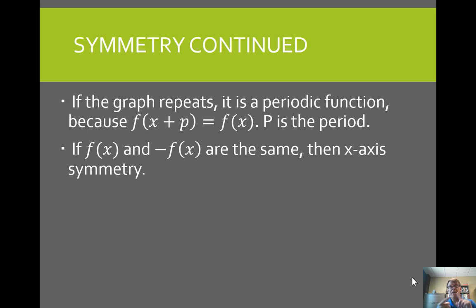Okay, so we've done domain, we've done intercepts, we've done symmetry, and now asymptotes. So again, a horizontal asymptote, a dotted line going horizontally, is some number L where as x approaches infinity, the function comes to some L. And this is the previous video that I did on infinite limits.